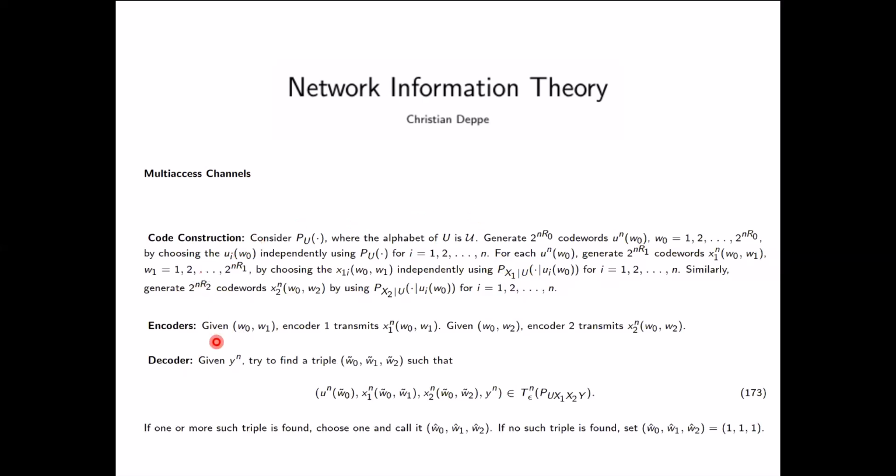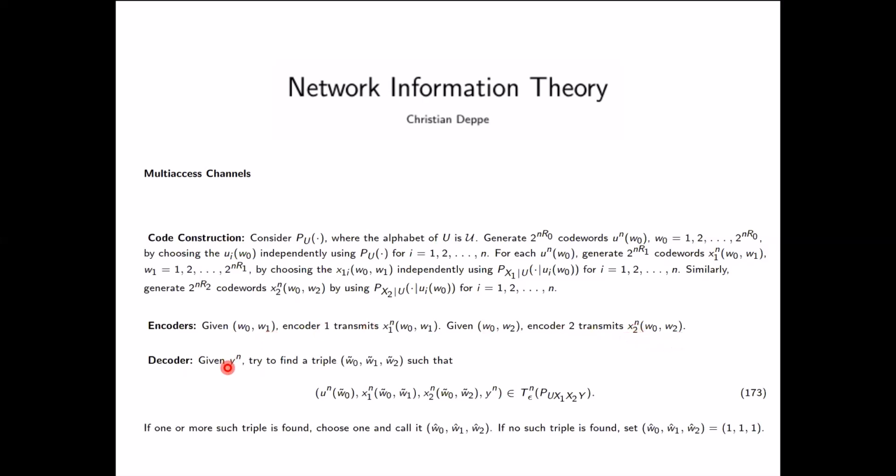So the encoder now, given W0 and W1, transmits x1^n(W0, W1), and given W0 and W2, encoder 2 transmits x2^n(W0, W2).